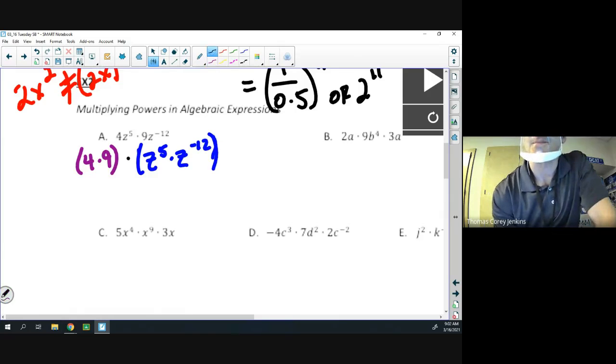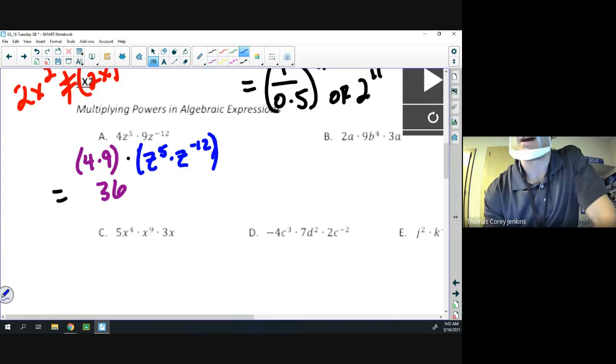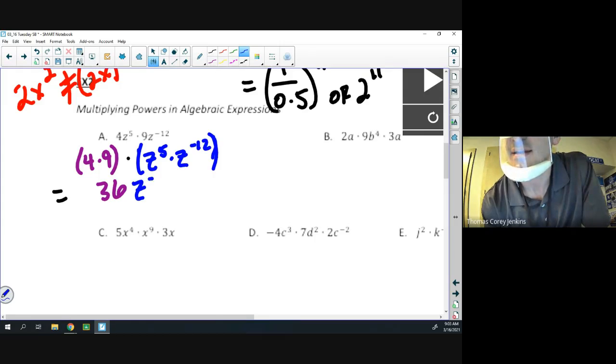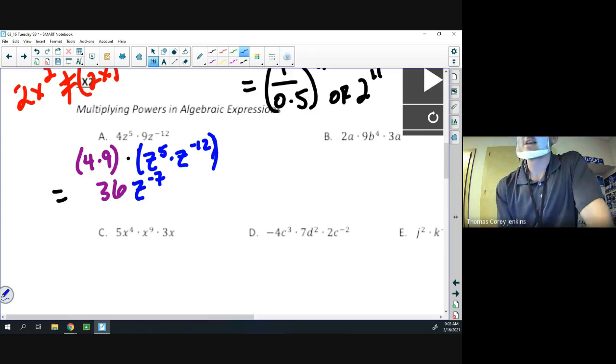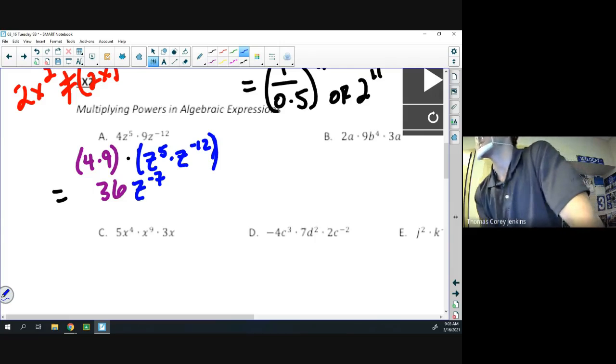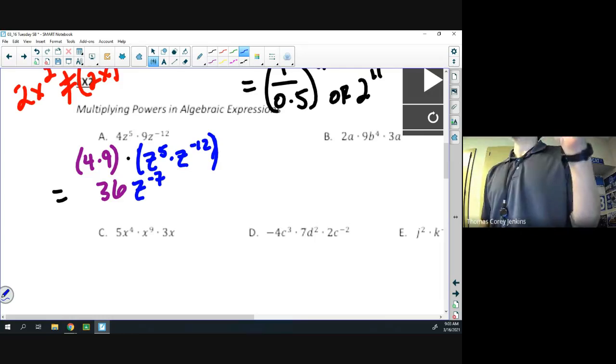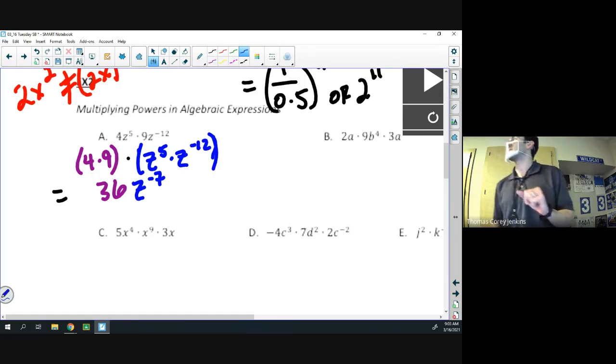All right, so when I simplify, I end up with 36 times z to the power of whatever 5 plus negative 12 is. 5 plus negative 12 is negative 7. So 36z to the negative 7. Now, that's a correct answer. That's equivalent to the correct answer. Who can tell me why MathXL would not accept that answer? Can anybody tell me?